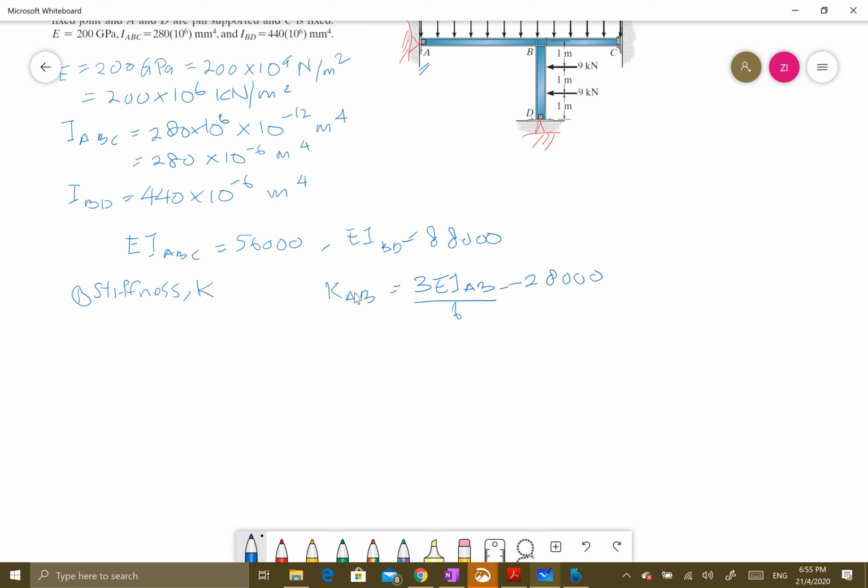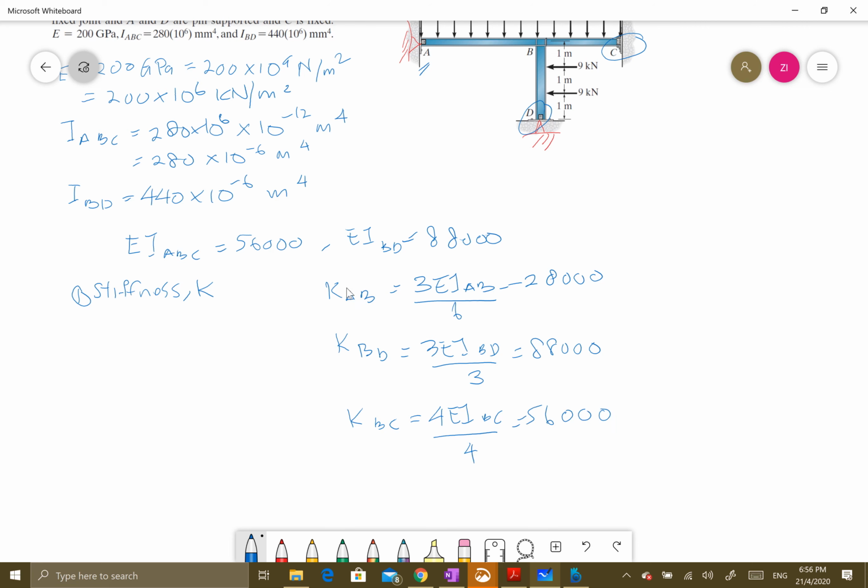And then for D, here for D is also pin. So K BD is 3 EI BD over 3, which is 88,000. Okay, and lastly K BC. So if you see C is fixed, so the formula is 4 EI BC over 4. Okay, so you get this as 56,000.